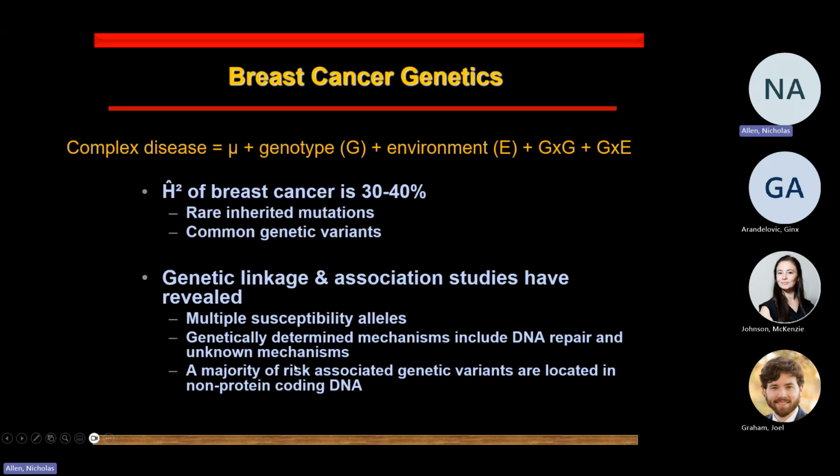What makes this so difficult is that a majority of the variants that associate with risk are located in what we call non-protein coding DNA. If you have had a genetics course, you understand that there's coding DNA, so that's exons.